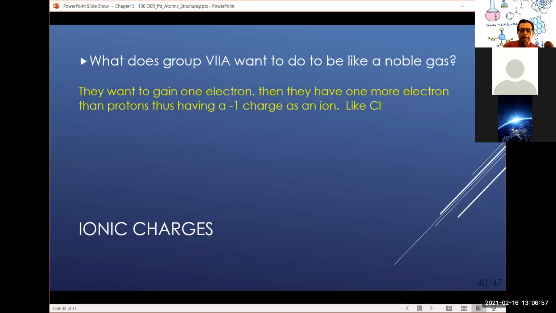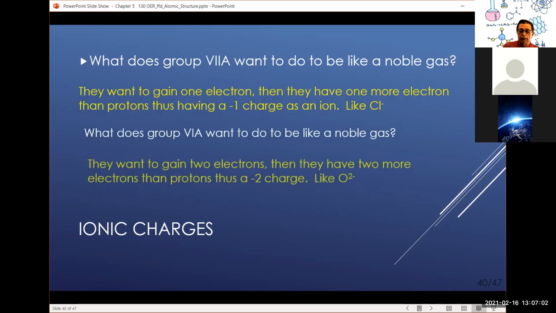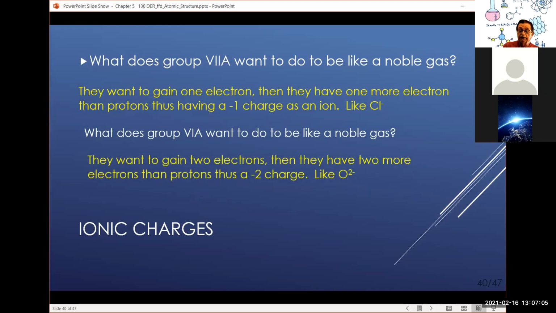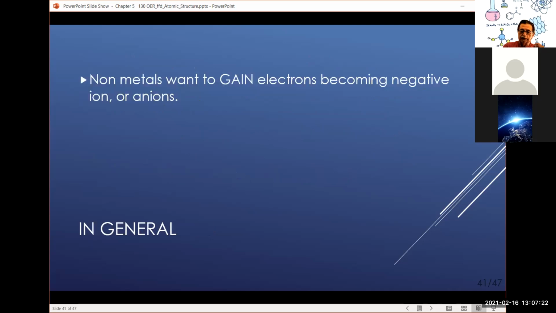So group 7, like I mentioned, group 6, these guys, and group 5, these nonmetals will gain electrons. And by gaining electrons, from 5A to 6A to 7A groups, they have the corresponding charge of -3, -2, and -1 after they gain the electrons. Now, once they gain electrons, they have a new name. They are called anions. So an anion is an element that has gained electrons and has a negative charge.